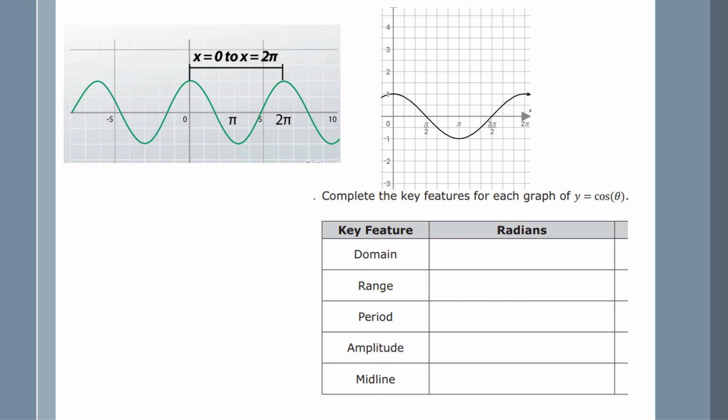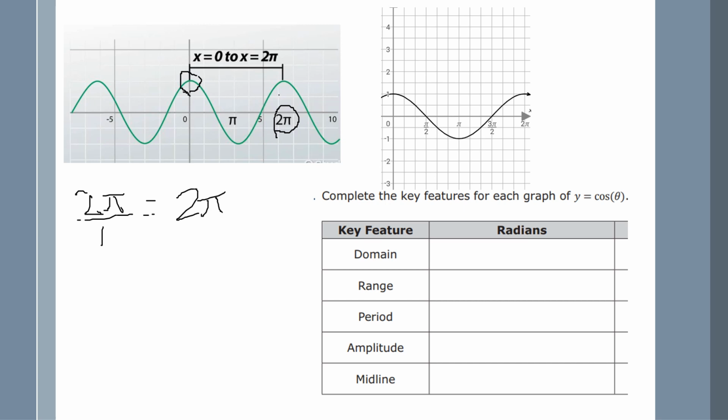So if I was to ask you the period of cosine, how many times does it repeat, starting from the value of 0? It only repeats once, and it repeats when it gets to the value of 2 pi. Another way of doing that, if you didn't have 2 pi telling you where it repeats, you could just go 2 pi divided by how many times it repeats, which is once, and you're going to get just 2 pi.